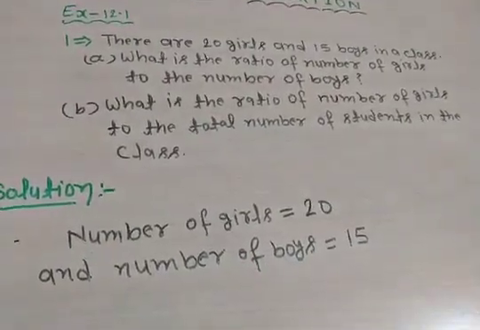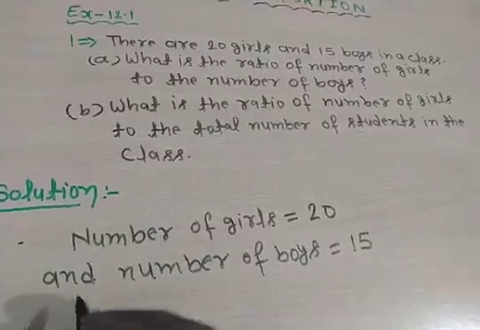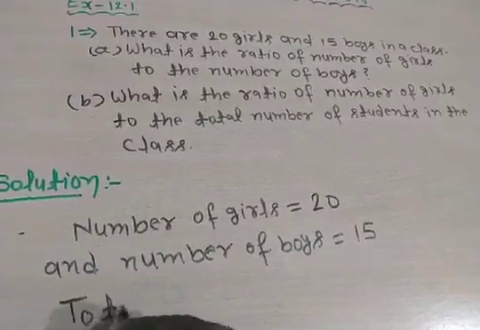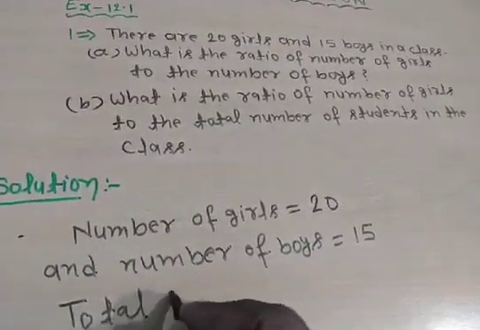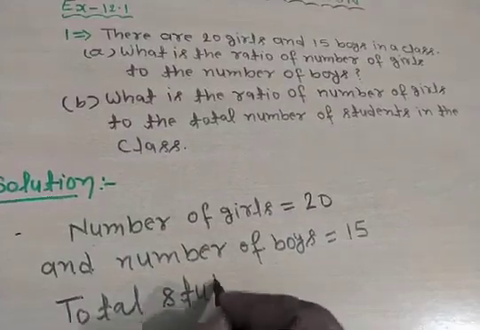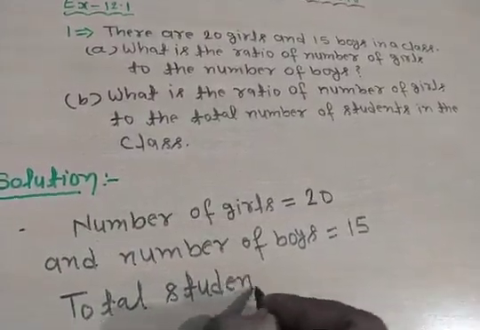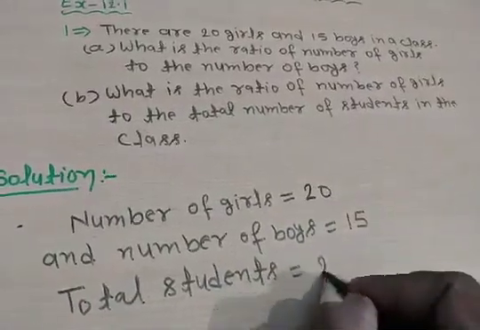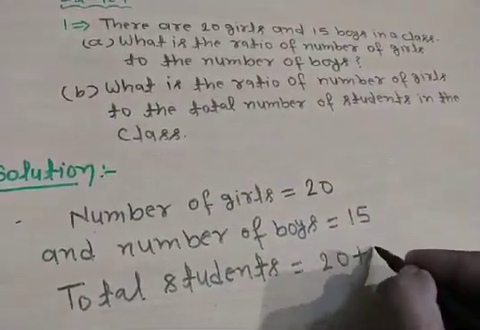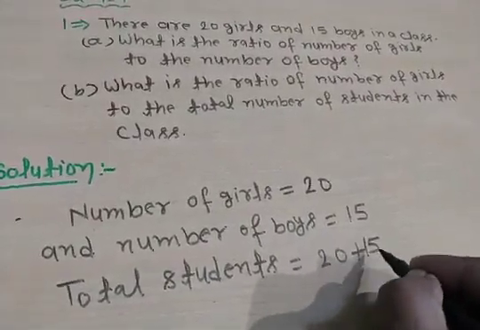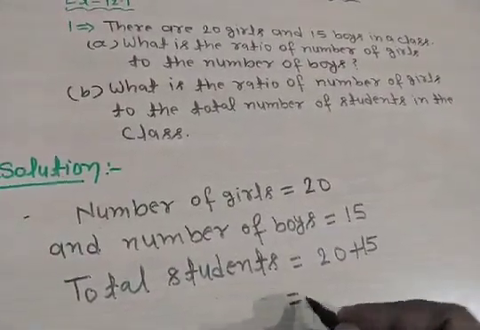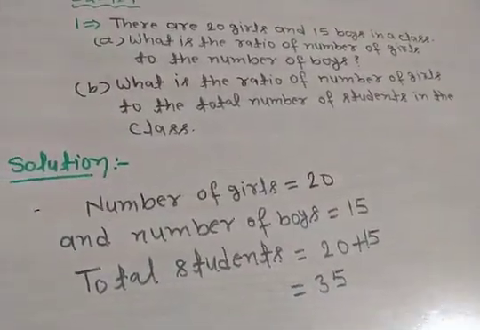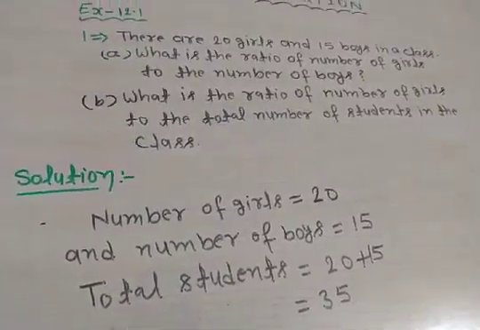Now we find total students. Total student is equal to 20, this is girls, and 15, this is boys. This is equal to 35.